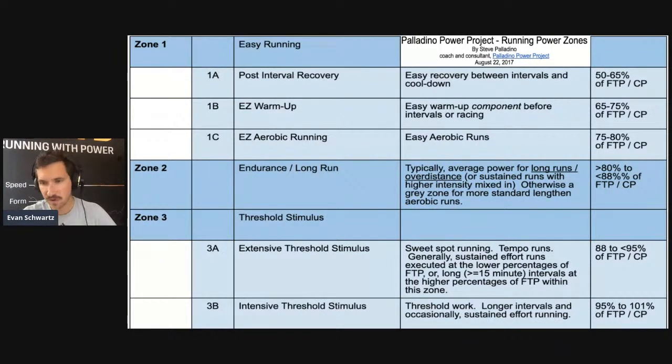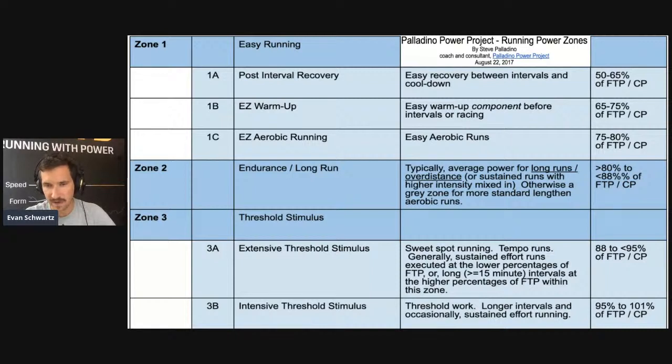As we get closer to 100% of your critical power, we have 2 different types of threshold stimulus in the Paladino zones: the extensive threshold versus the intensive threshold. There are 2 distinct differences here. Zone 3A is the extensive threshold, between 88 and less than 95% of your critical power.